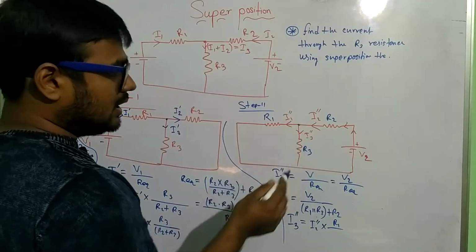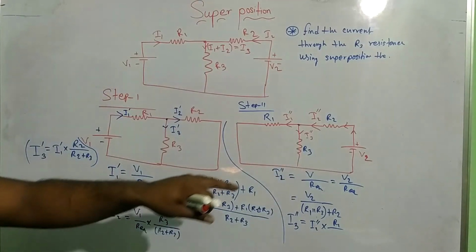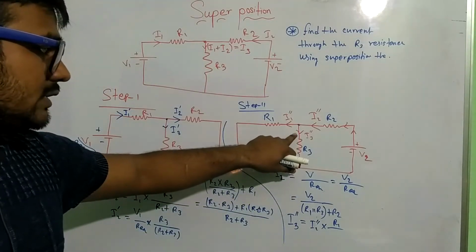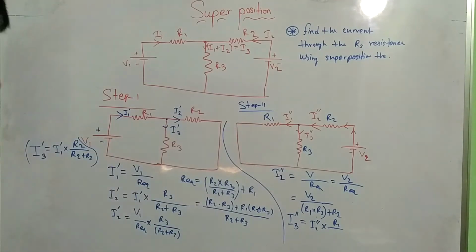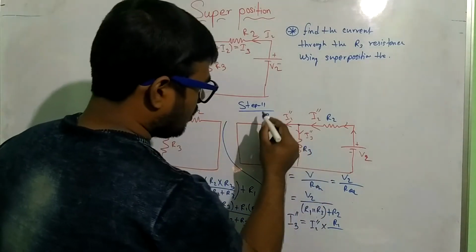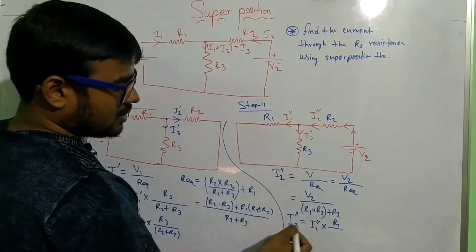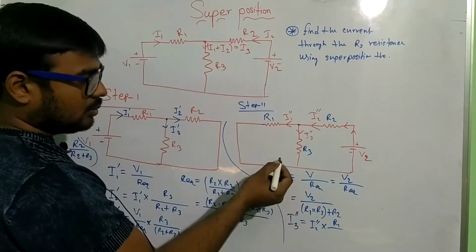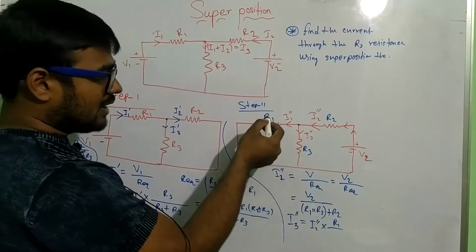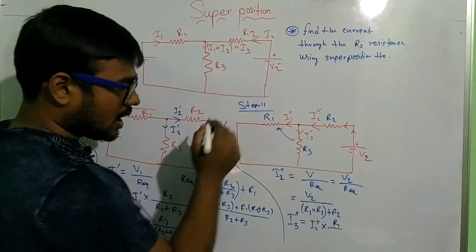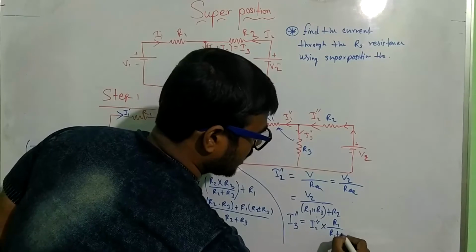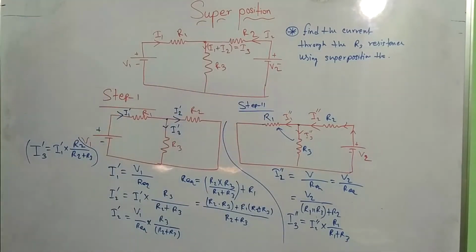If I assume this is a branch current, then the opposite branch is I1 double dash. That's why when I find I3 double dash, the opposite branch resistance is R1, divided by the sum of resistance R1 plus R3.